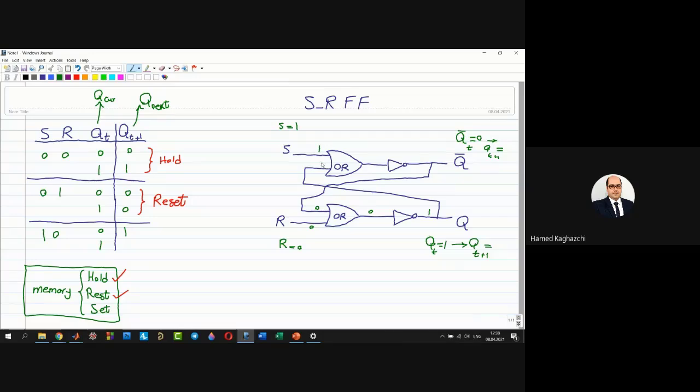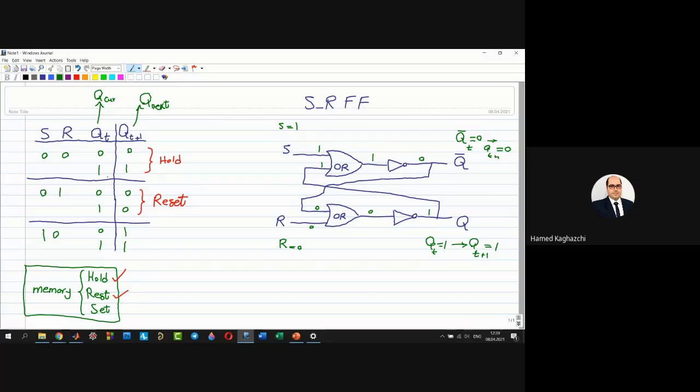This 1 comes here, 1, 1, 1, 1, 0, 0 stays 0. This 0 comes here, 0, 0, 0, not 1. Again, in the Qt plus 1, we will have the same 1 value and set this circuit to 1, and the output will not change.